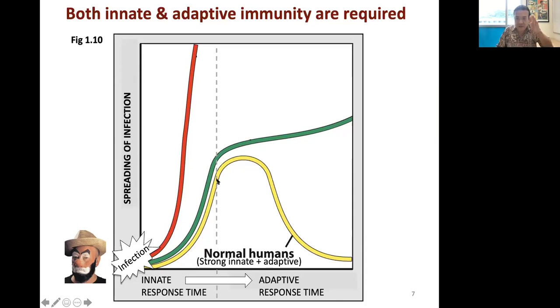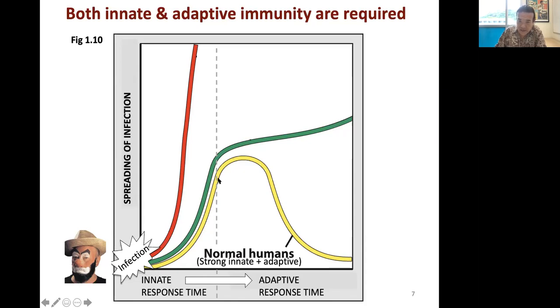Over time, at a certain point, bad clown levels are rising in the body to the point where it's beginning to take its toll on health, right? So the person starts getting sick. At that point, you can see the innate side of your system is no longer succeeding at keeping this infection at bay. So that's when the adaptive side has to kick in.